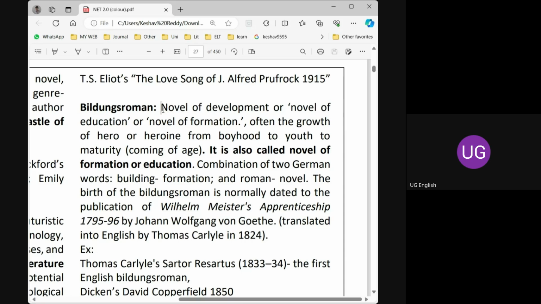How the boy or the girl has come to maturity, the coming of age. Just remember this is called a novel of education, a novel of formation. Bildung means formation, Roman means novel. So this is the novel of formation.